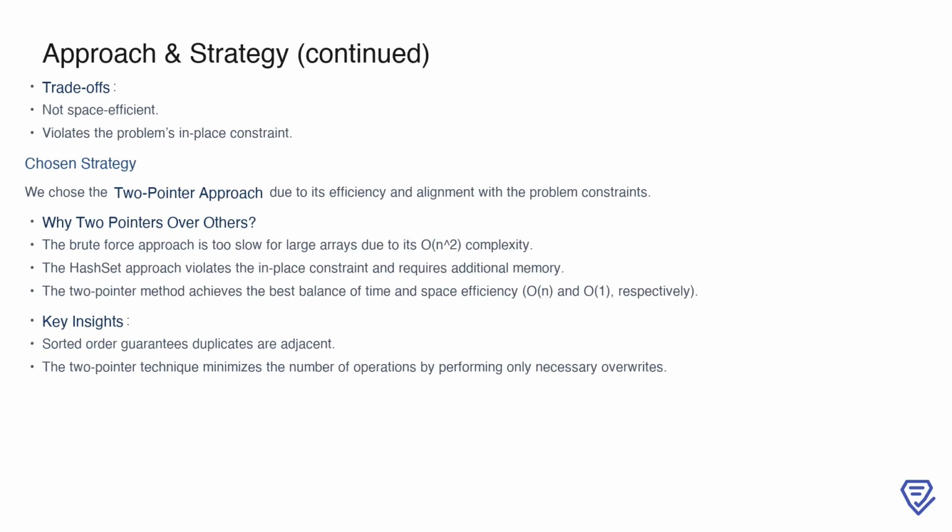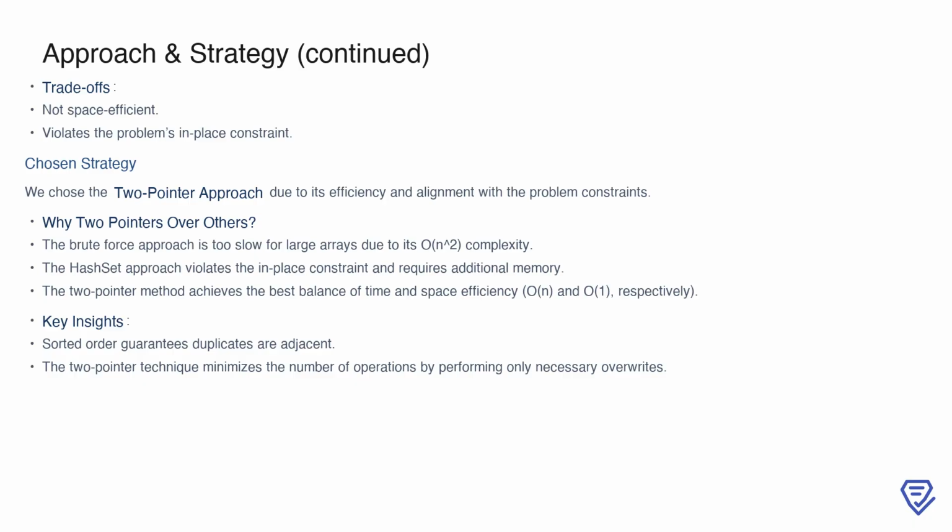The hash set approach, while straightforward, comes with clear disadvantages. Its reliance on additional memory makes it unsuitable for this problem, as the constraints explicitly require an in-place solution. By contrast, the two-pointer strategy aligns perfectly with the problem's requirements, offering an optimal balance between time and space complexity.